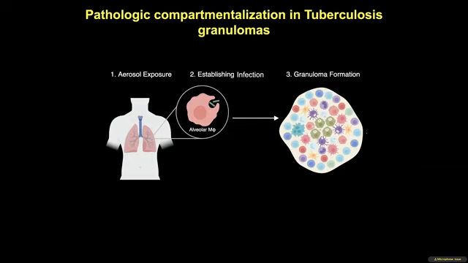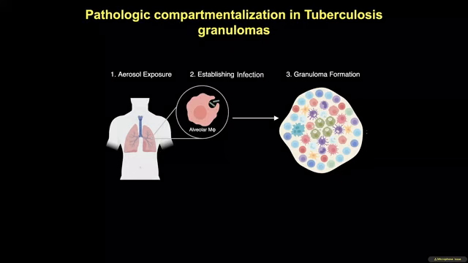When the patient inhales the bacilli, they're engulfed by alveolar macrophages, and ultimately that leads to the formation of what's called a granuloma, which is a highly structured lesion of immune cells. I'll go into that in a little more detail in just a second.